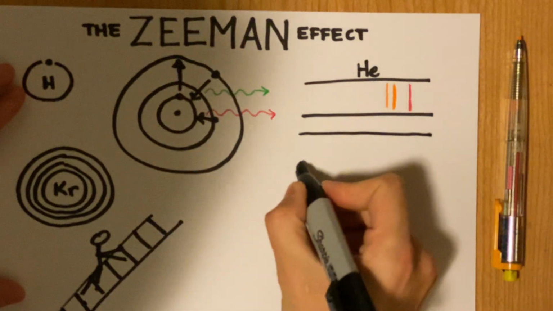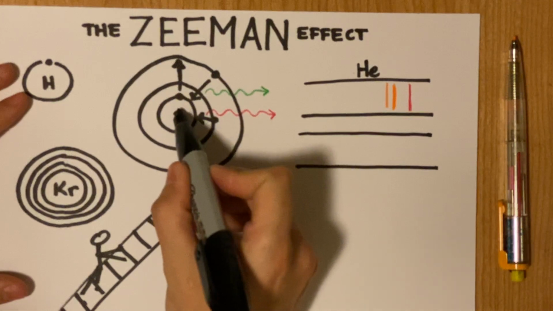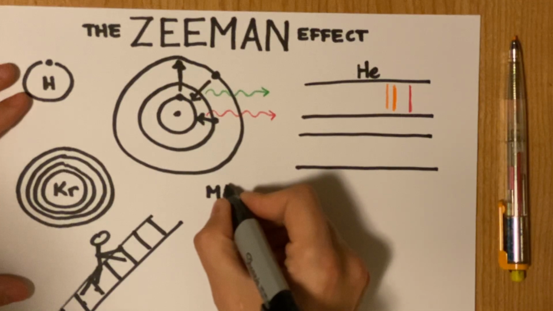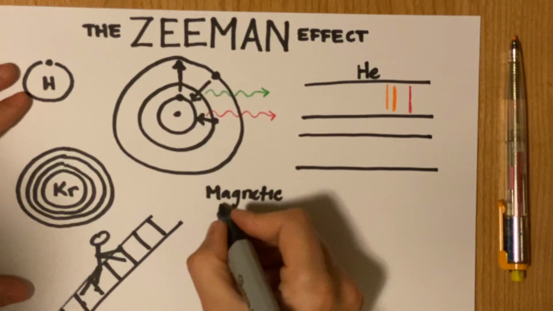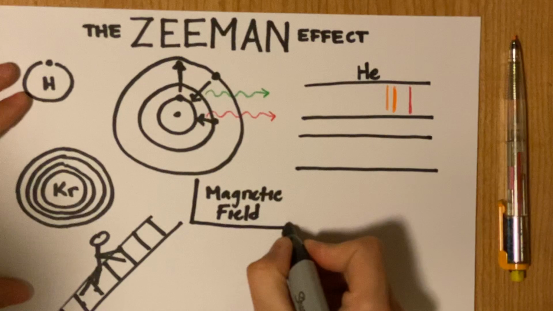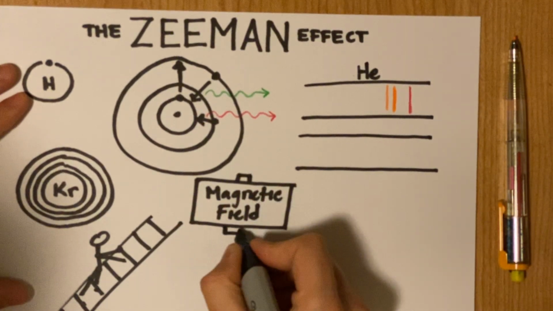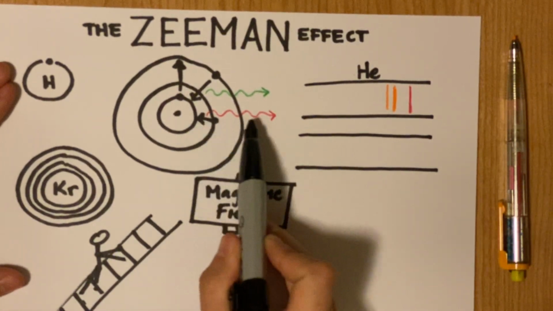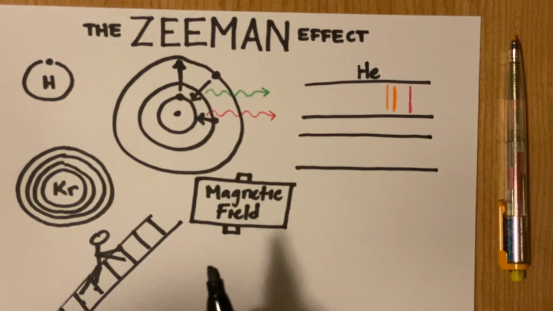Now, where does the Zeeman effect come into play? The Zeeman effect, if this is the atom we're still working with here, if we were to put it in the presence of a magnetic field, and I'm going to pretend this is my magnetic field generator, it messes with the emission of the photons that come out of each atom.